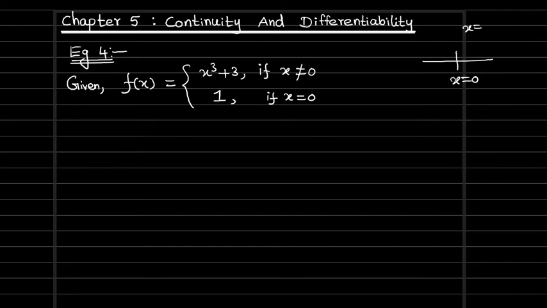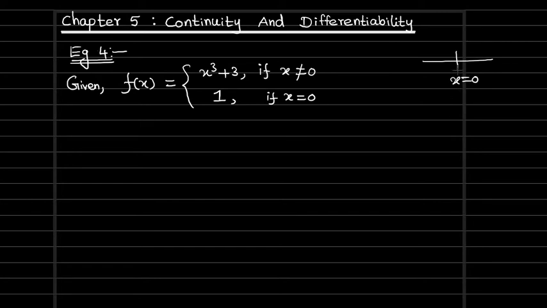For proving continuity and non-continuity, the same process is followed. So if the left hand limit, right hand limit or f of 0 values do not coincide, we will say the function is not continuous.